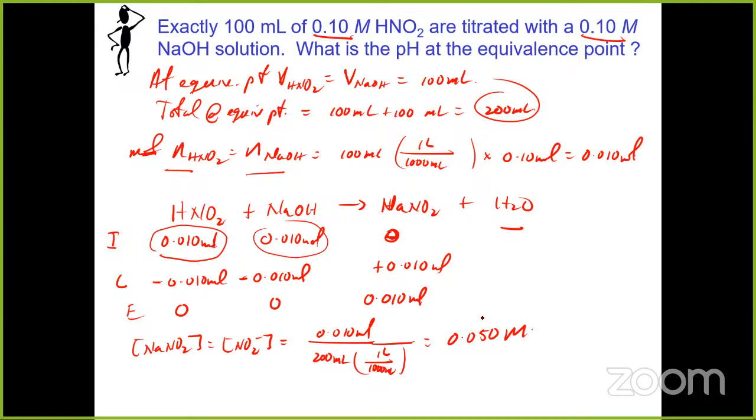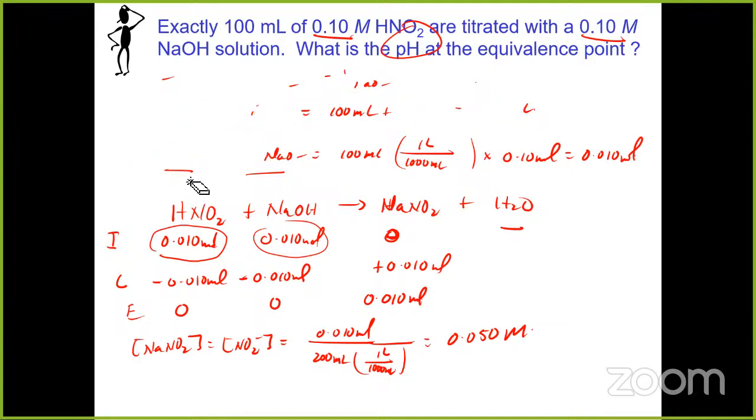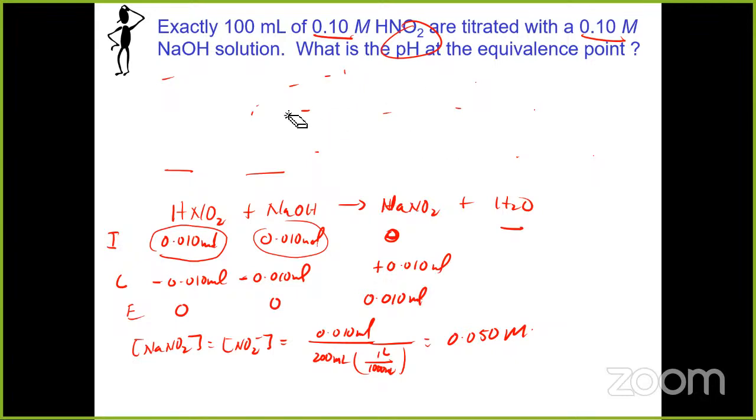Now, we're not finished yet because what the question is asking for is the pH of the solution at this point. And again, I'm going to need some more space. So let me erase the top part here because what we have to look at now is the effect that the nitrite ion will have on the water that it is dissolved in. All right?